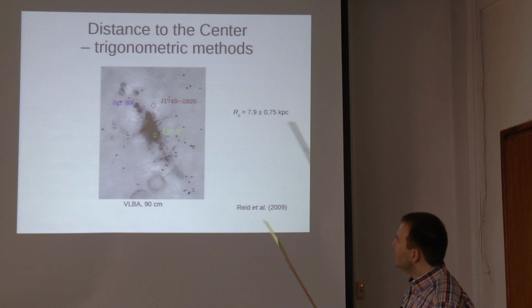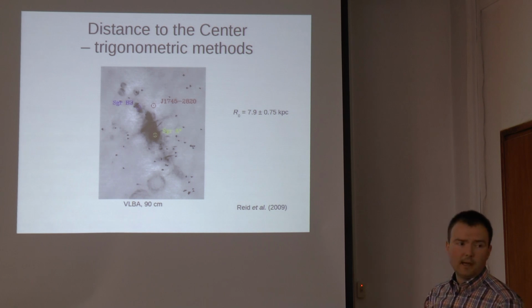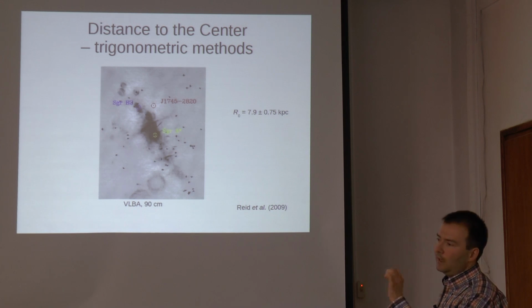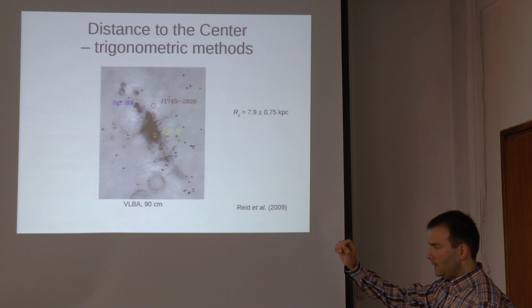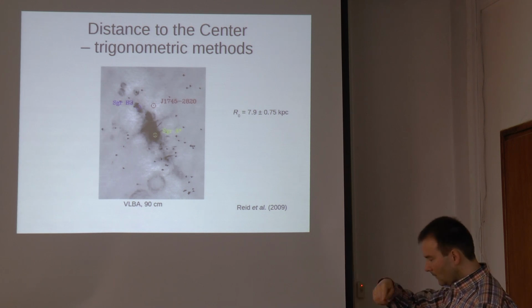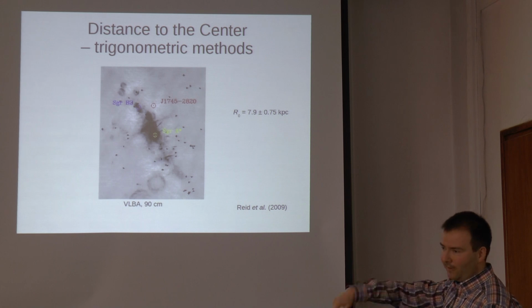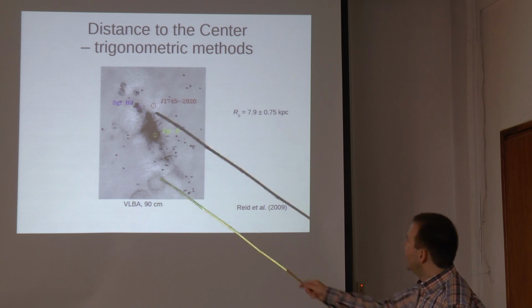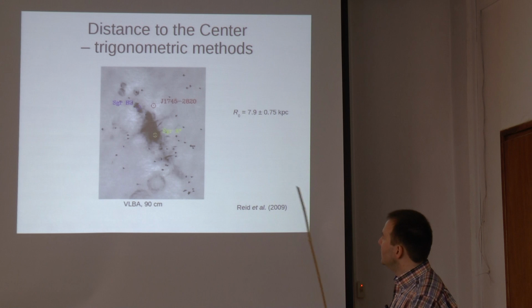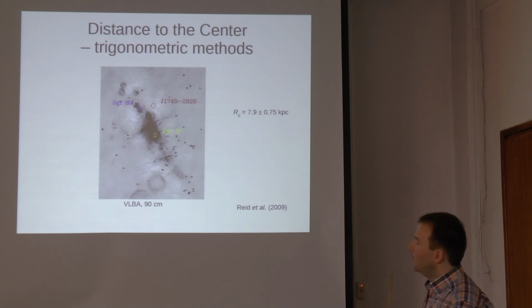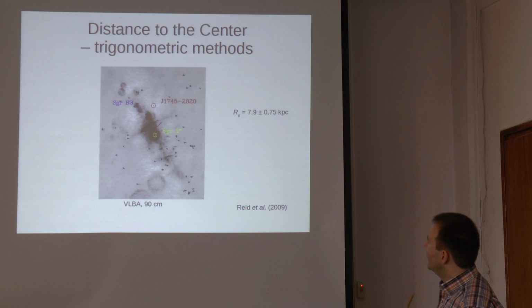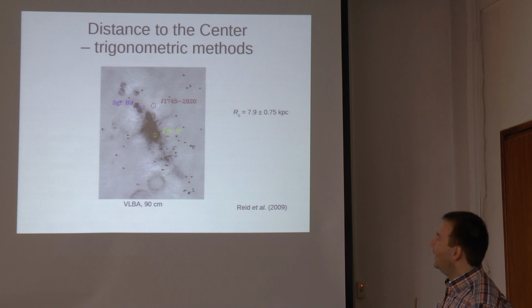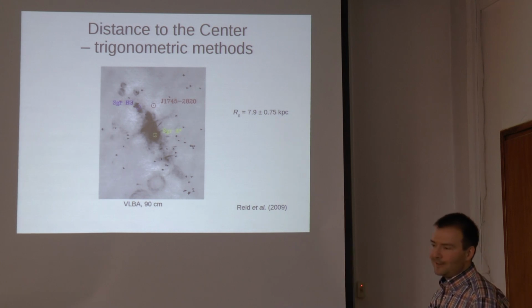For example, you can measure the distance to Sagittarius A star using the trigonometric method, simply by looking at where the star is located as the Earth revolves around the Sun. But for this, you need to find a background object, and this object, seen in radio, is an extragalactic source. But the problem is that both sources are faint and scattered, and that's why the uncertainty is large.